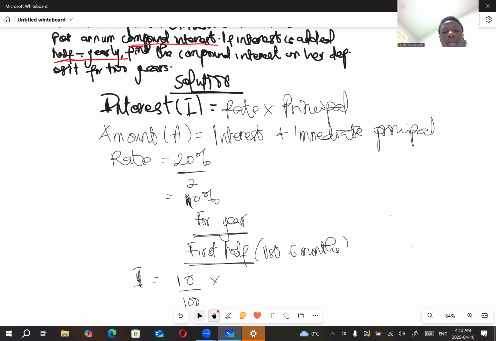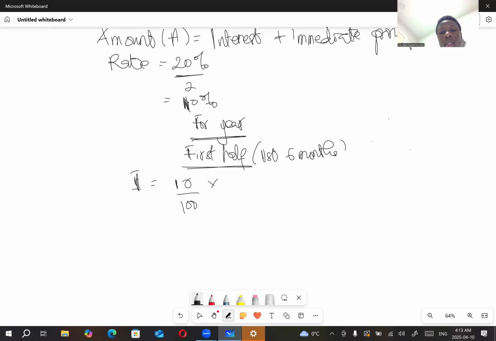Yeah, 2,800. So the zeros here cancel out the zeros at the top, definitely. So I think the interest is 280 cedis if you're doing it right.